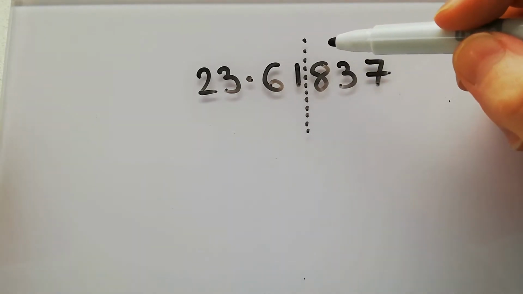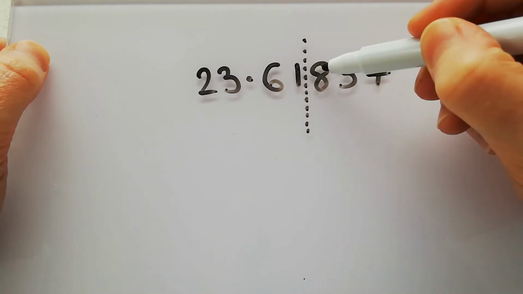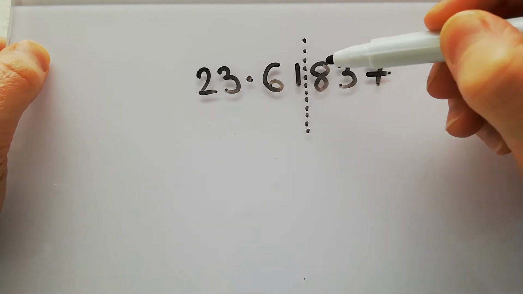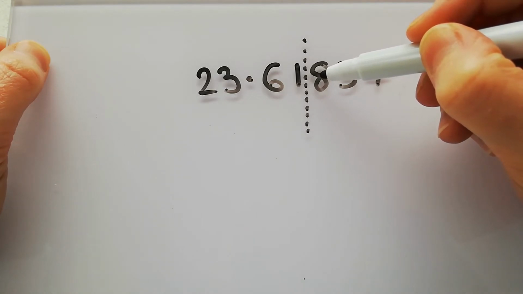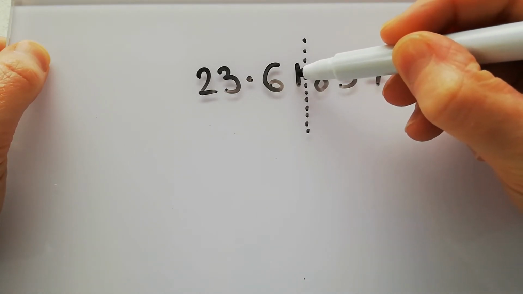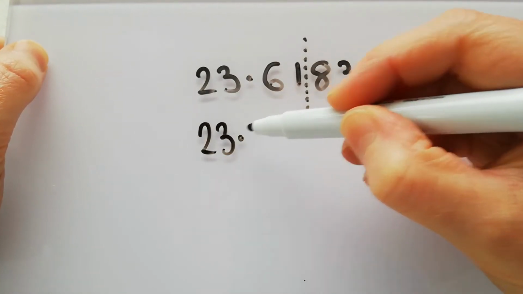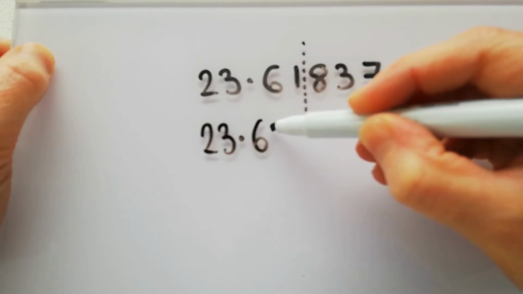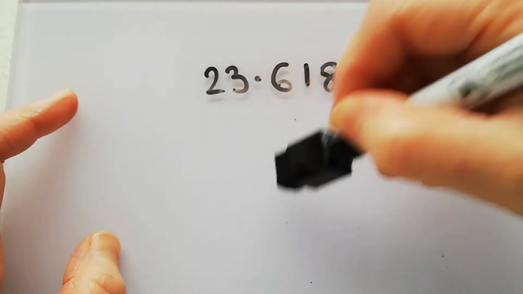After the dotted line, I've got 8, which is bigger than 5. And because 8 is bigger than 5, that means that I change that number 1 to number 2 and round this number to 23.62.